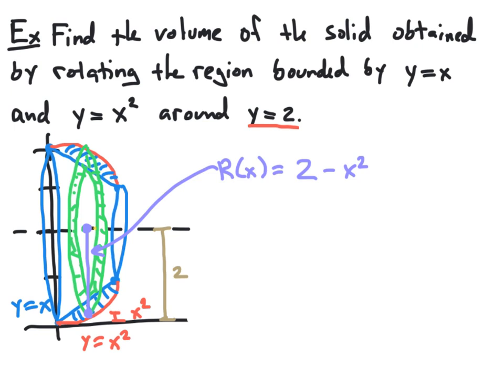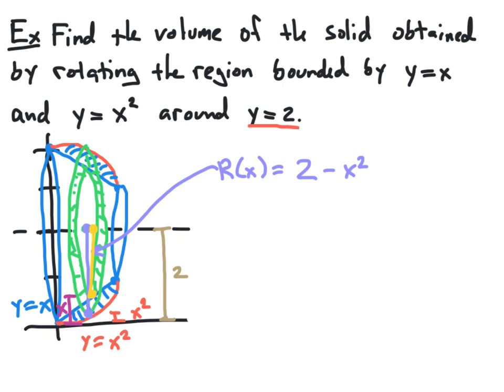We can find the inner radius using a similar approach. We want the inner radius to be the distance from the line y equals 2 down to the blue curve. Here we know that the distance from the blue curve down to the x-axis will be given by the quantity x, since that's the equation for the blue line.